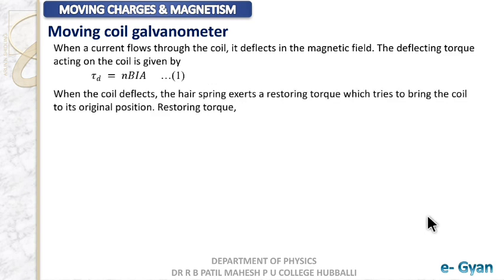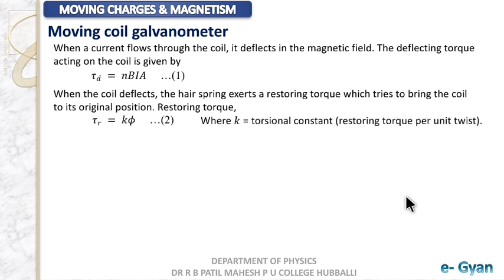Further, when the coil deflects, the hairspring also exerts a torque. This torque is known as restoring torque, which can be given by tau r is equal to k phi. Here k is the torsional constant, that is restoring torque per unit twist, and here phi is the deflection on the scale, and its unit is division.